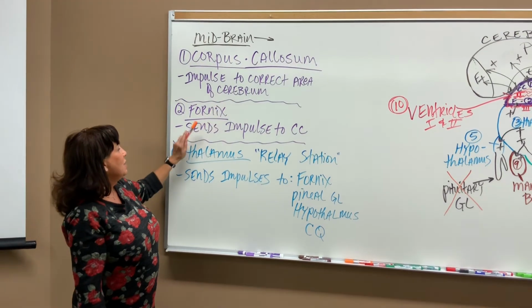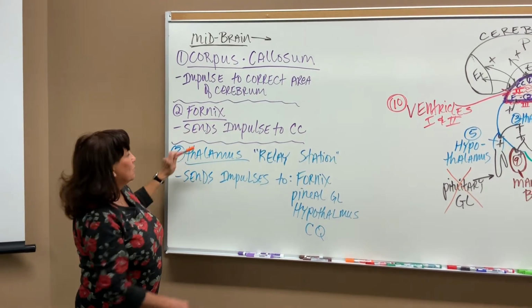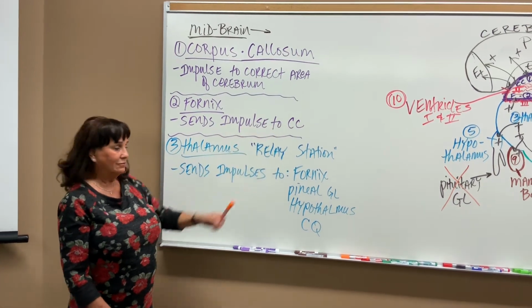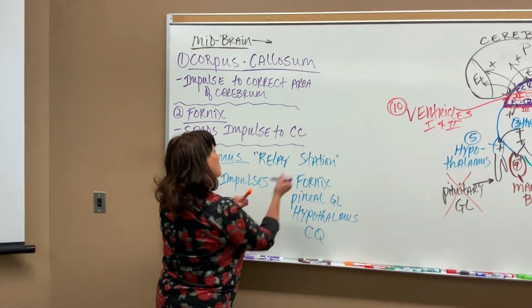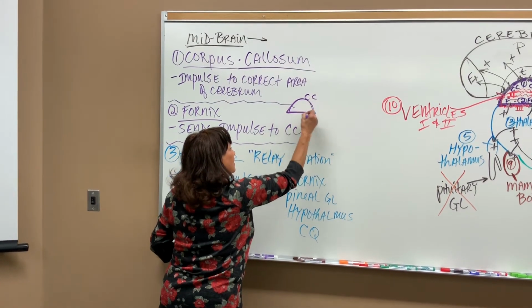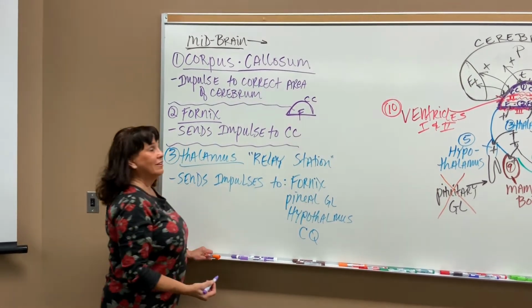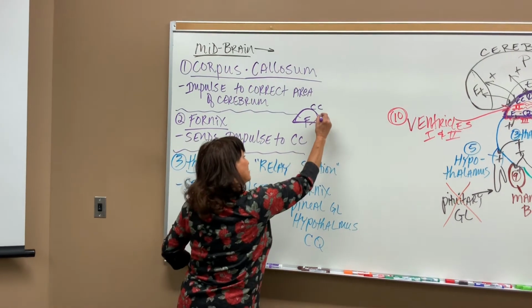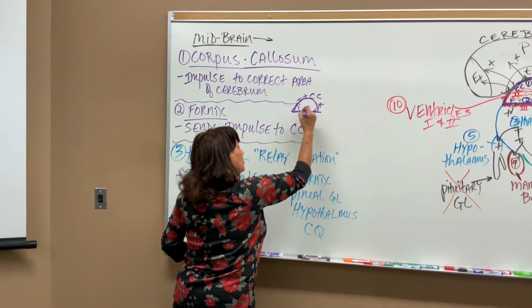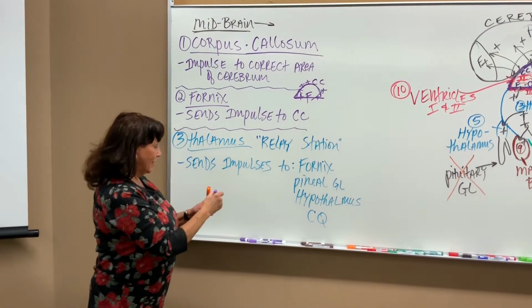The fornix is the flat part going across, so it sends impulses to the CC, right? Here is the CC, and here's the fornix, right there. So the fornix is going to send the electricity up to here, once it gets the electricity.